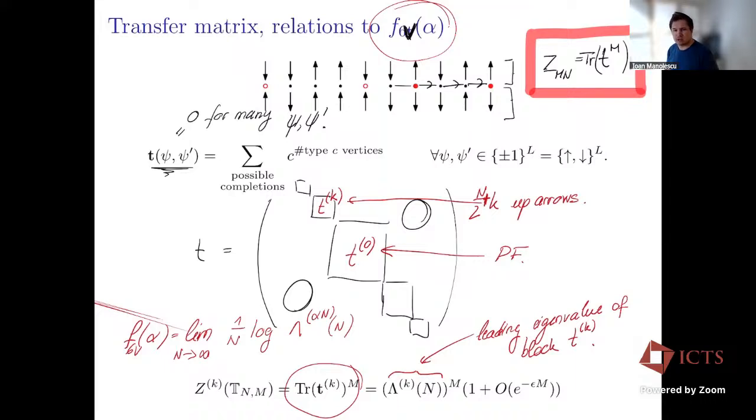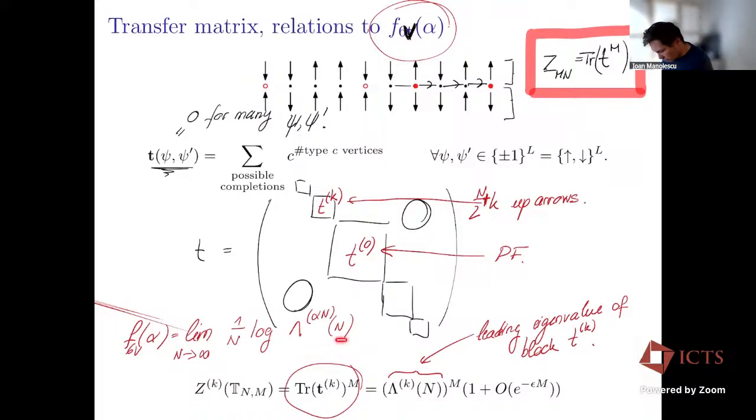So you're going to take the eigenvalue corresponding to a block that is quite far from the main block, the one with 0 excess of up arrows. You're going to take a block a bit far away in a matrix of size 2 to the n, and take 1 over n of the log of it. This is going to be it.